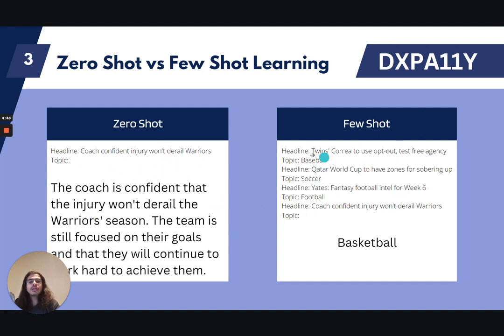Whereas with few-shot, I give it some examples to help it realize what I want as an outcome. So here I say that the headline is "Twins Korea to use opt-out test free agency," and the topic is baseball. "Qatar World Cup to have zones for sobering up," topic is soccer. So it automatically assumes that when I say "Coach confident injury won't derail Warriors," I'm referring to basketball.